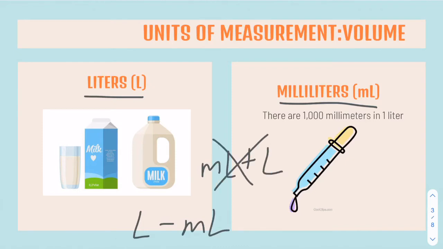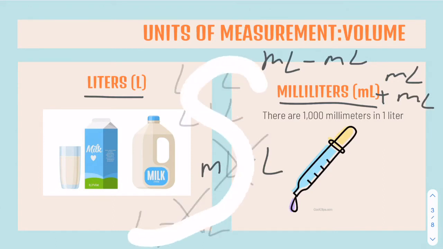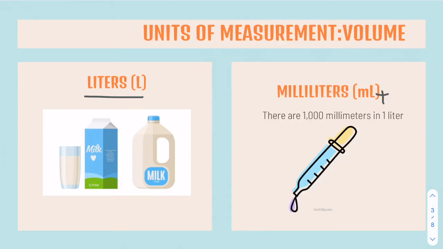They have to be liters minus liters, liters plus liters, milliliters minus milliliters, and so forth. You have to make sure that your units of measurement are the same, because a whole carton of milk would be a whole lot different than a few eye drops worth of water, right? I think that would get people a little bit confused if they were trying to remeasure that same exact volume. So keep that in mind.